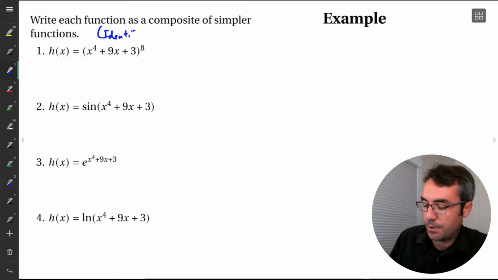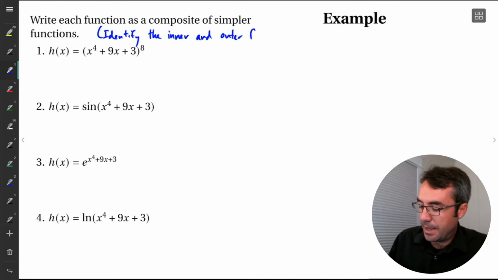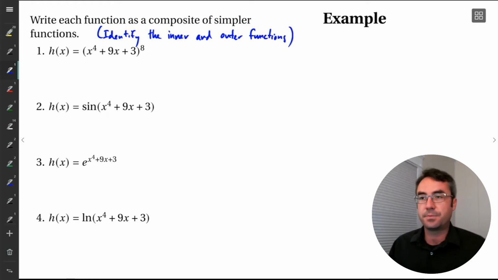That's really the game we're going to play here. And really there's not always one right way to do this. But one strategy that we're going to use is, wherever you see parentheses, look inside the parentheses, and usually that's going to be your inner function.